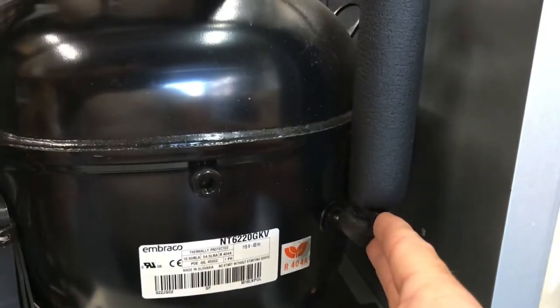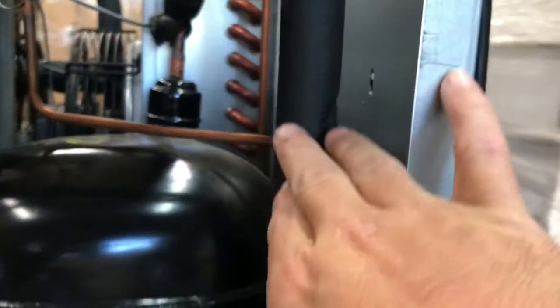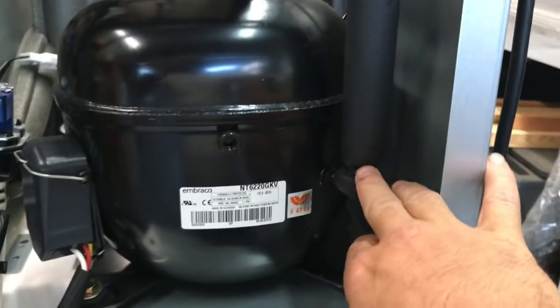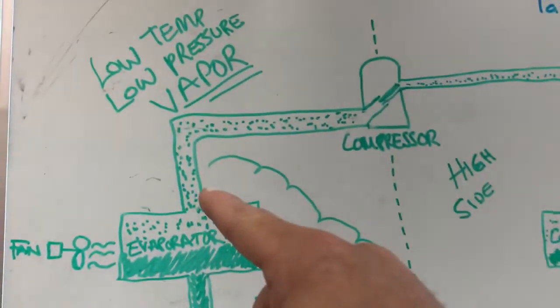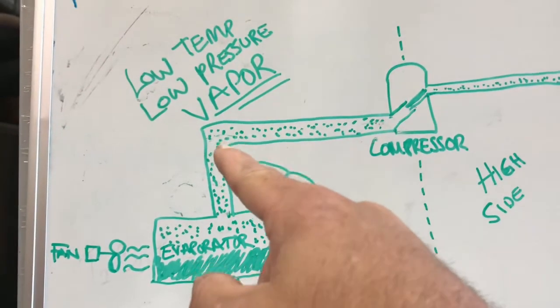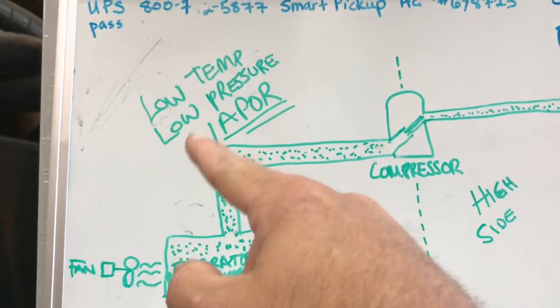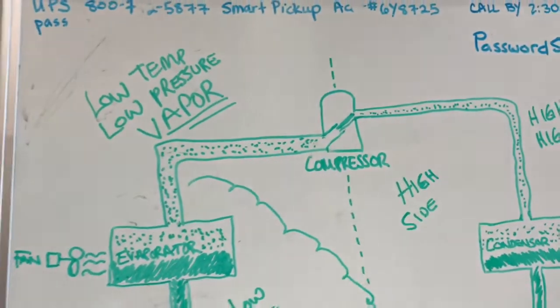It travels back over here, then travels down this direction, and ultimately down here where it feeds back into the compressor. Once it leaves that evaporator and makes its way back into this compressor, we now have a low temperature, low pressure vapor, which is described here. We're leaving the evaporator as a low temperature, low pressure vapor, and we're going back into the compressor.